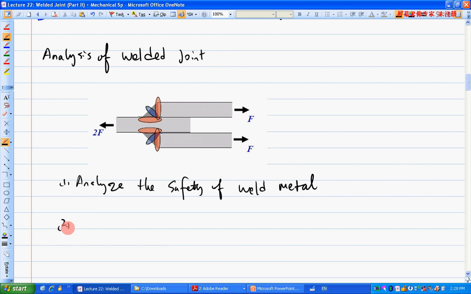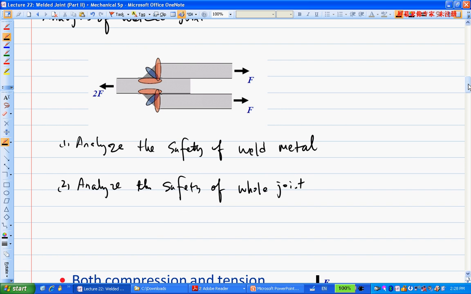And the second one is to analyze the welded joint, the whole joint. So analyze the safety of the whole joint. If this is the case, then when you do the analysis, as I'm going to show you next, you're going to have to also take the material of the base metal into consideration, as well as the filler material.